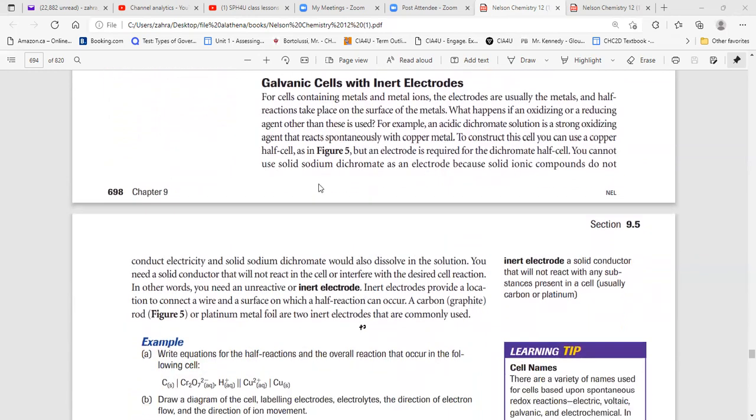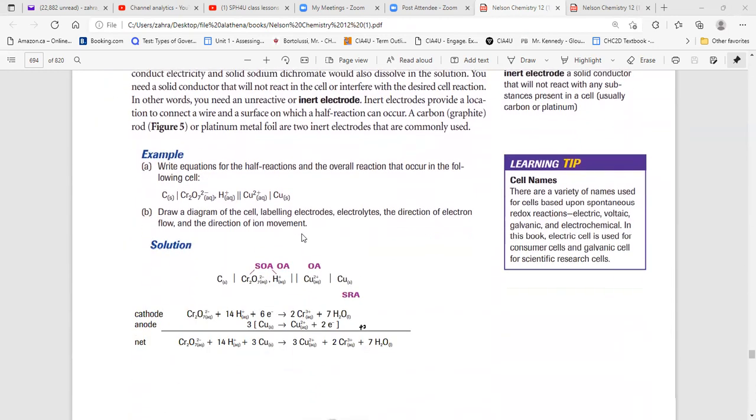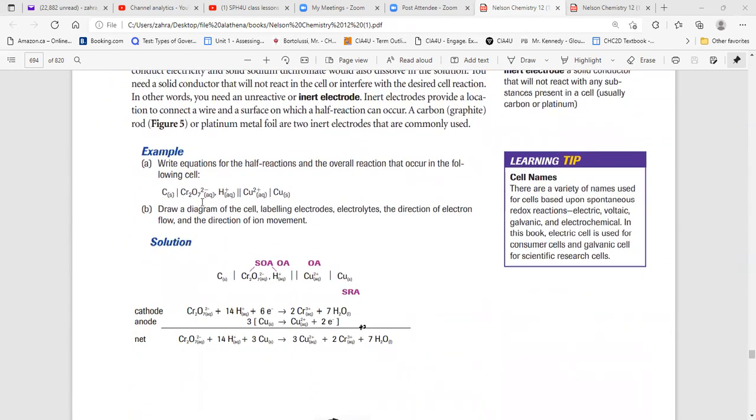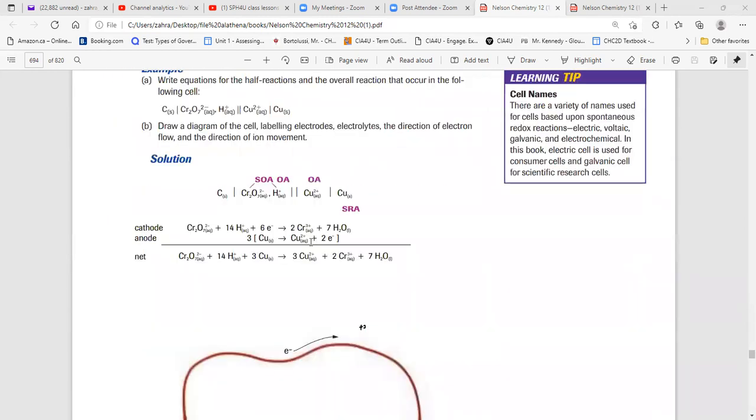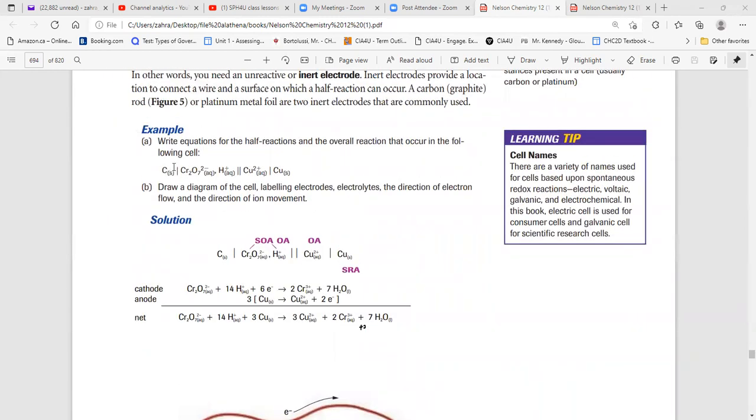So, galvanic cells with an inert electrode. Sometimes we could have an acid at your cathode, because the H+ will react here. You need an inert electrode like C here. The C will not react. It's just there to transfer electrons from the solution. And here is Cu.